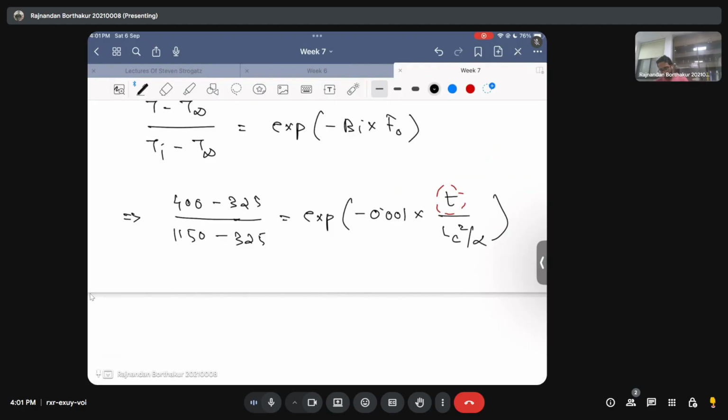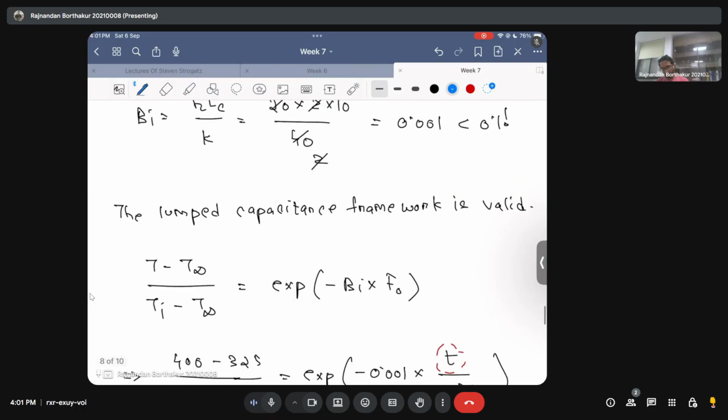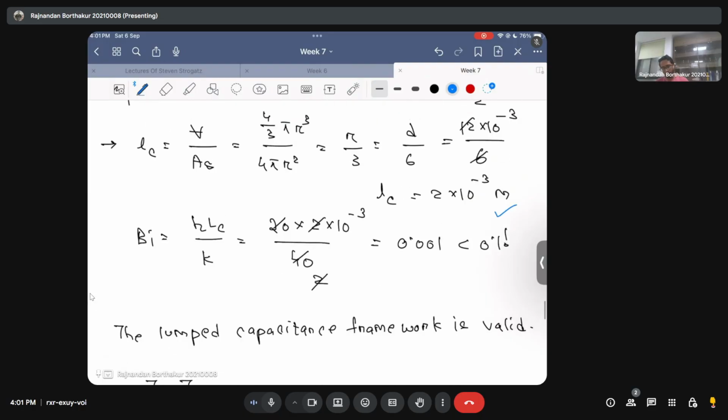So your alpha is just k by rho Cp, and your k was given to be 40, your rho is given to be 7,800, times your heat capacity is 600. If you do some simplification, your alpha will be around 4 by 700 times 15, and then you just need to substitute this alpha here, because Lc is already known, that is 2 into 10 to the power minus 3.